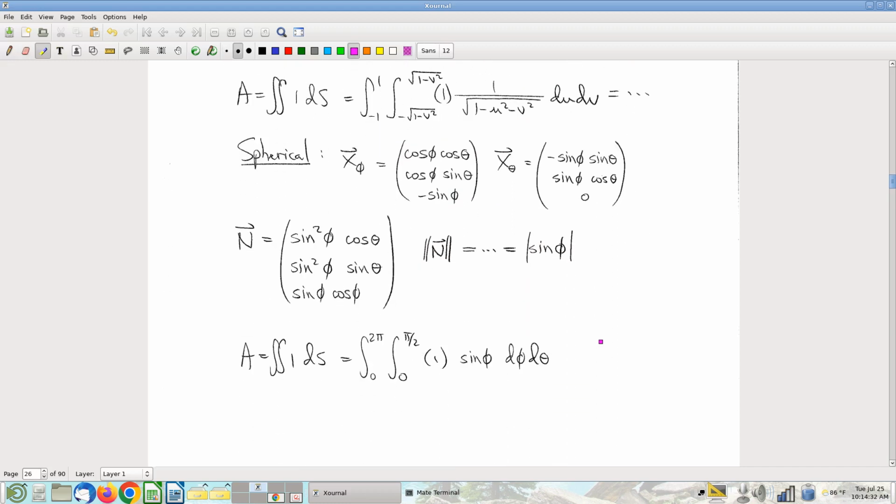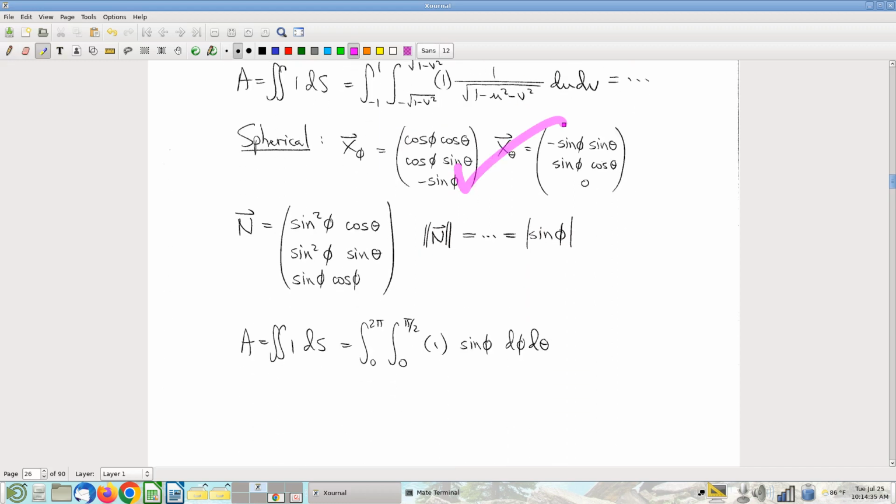Now let's look at how the spherical thing works out. Here's the various partials. Yeah, there's a bunch of trig in there, that's true. Here's what happens when you take the cross product.